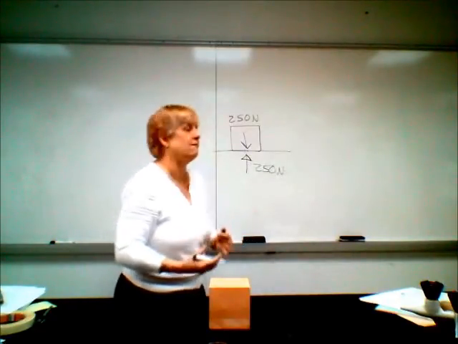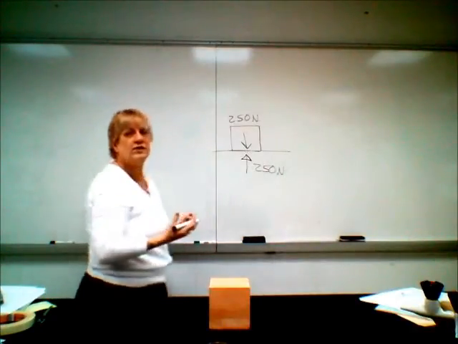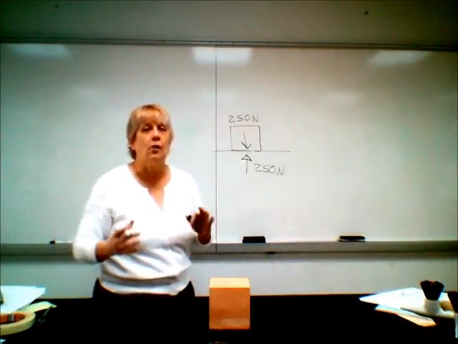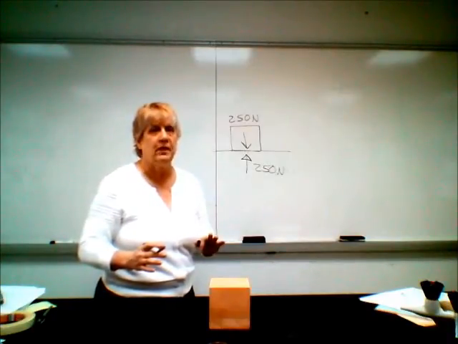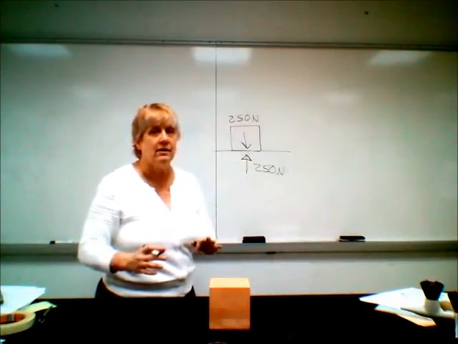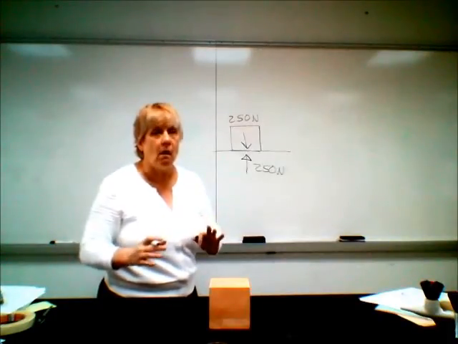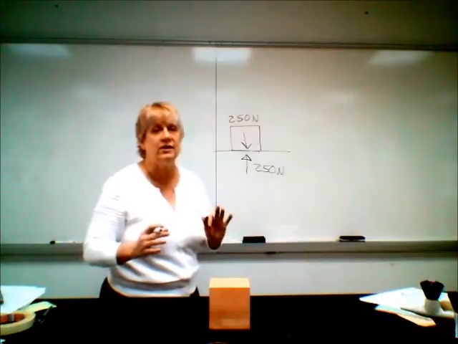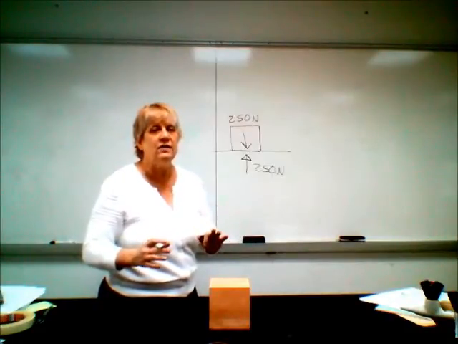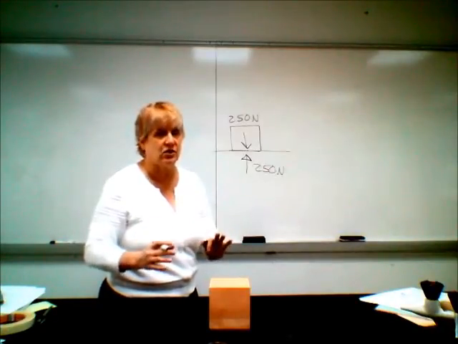So what is the net force? The net force is the sum, the addition of all the forces, but we have to take into account their direction. Now it does not matter at all which direction you take as the positive direction and which you take as the negative direction. That negative sign only serves one purpose, to show that forces are in opposite directions.